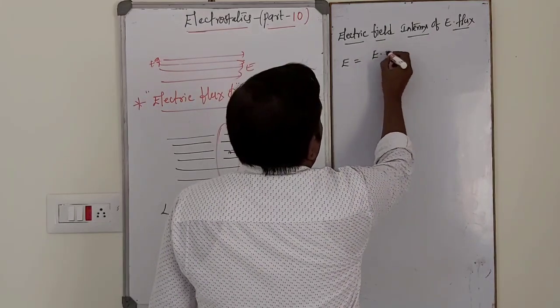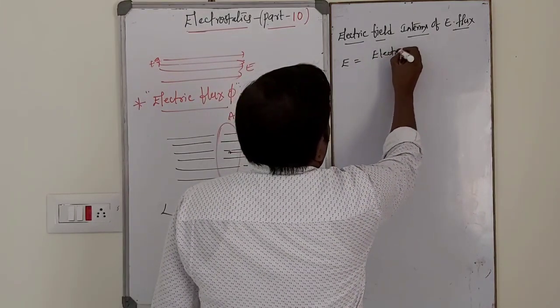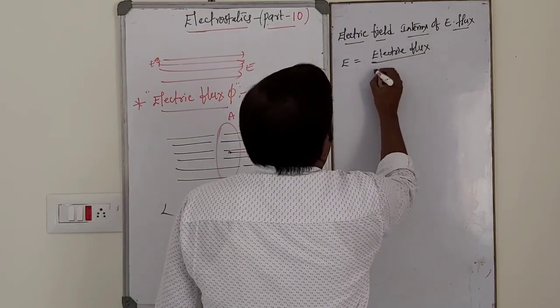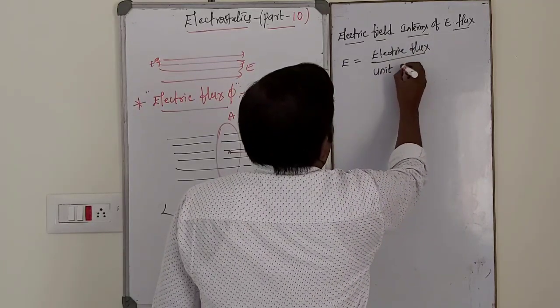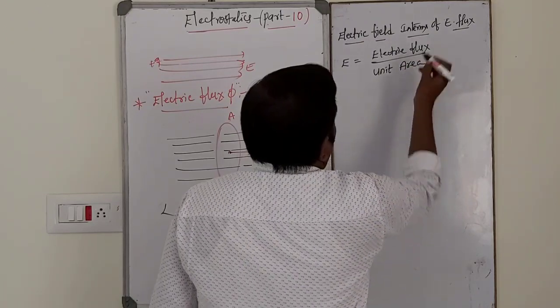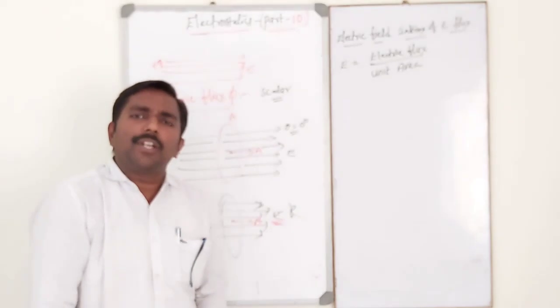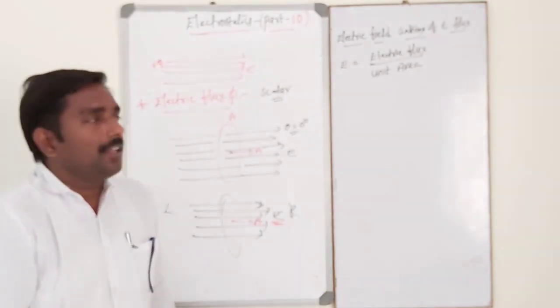Electric flux per unit area is called electric field.